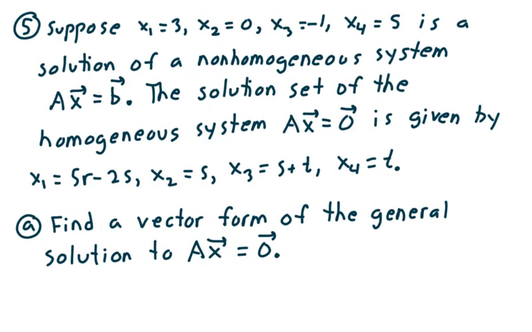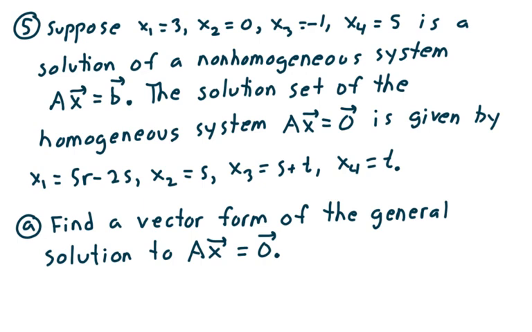Problem 5. Suppose x1 equals 3, x2 equals 0, x3 equals -1, x4 equals 5 is a solution of a non-homogeneous system AX equals B. The solution set of the homogeneous system AX equals 0 is given by x1 equals 5r minus 2s, x2 equals s, x3 equals s plus t, and x4 equals t.